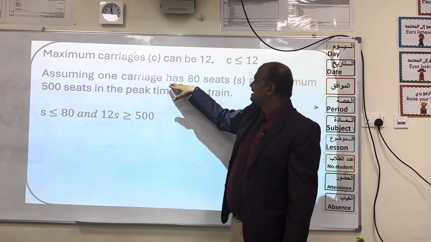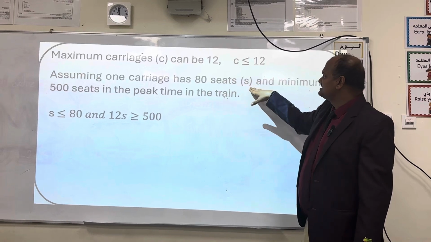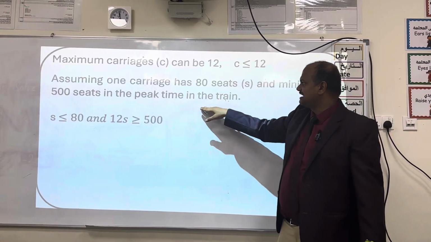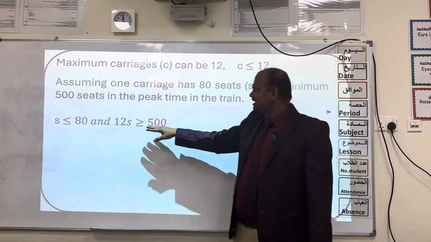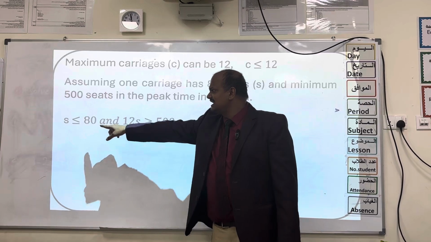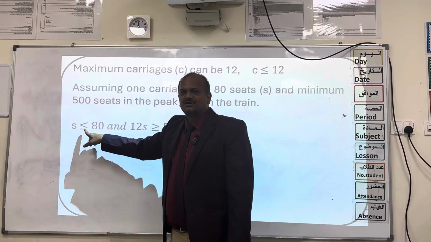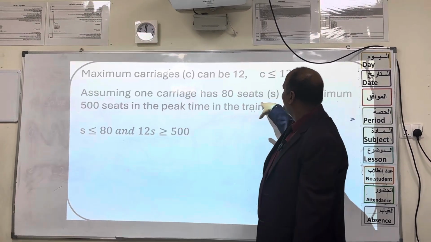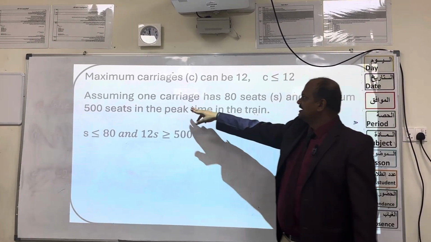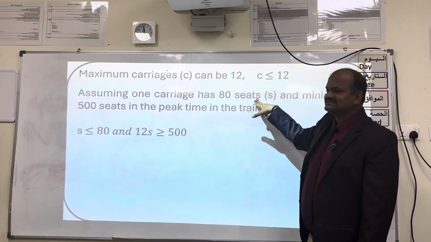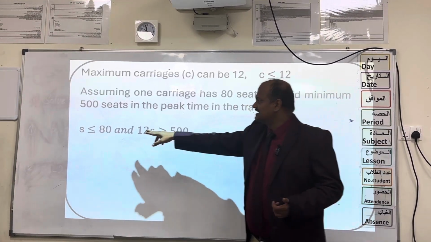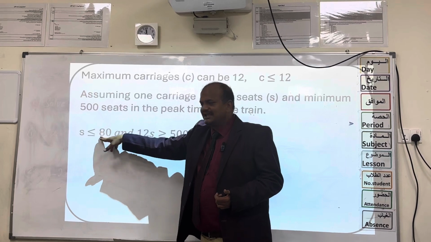Now, assuming one carriage has 80 seats and a minimum of 500 seats in the peak time in the train, this is the inequality you can write for this situation. S is less than or equal to 80 because it is a maximum. Assuming one carriage has 80 seats, you cannot allow more than 80 passengers to travel. So S must be less than or equal to 80.